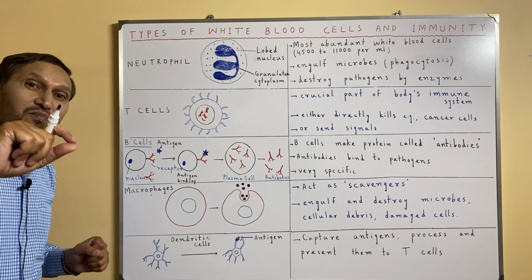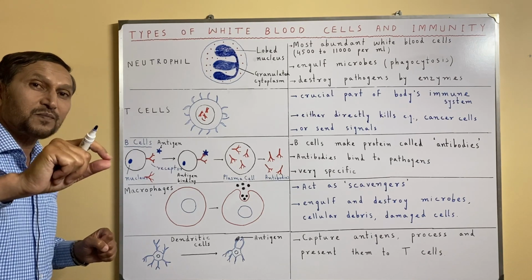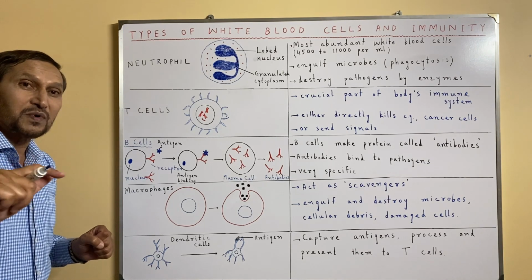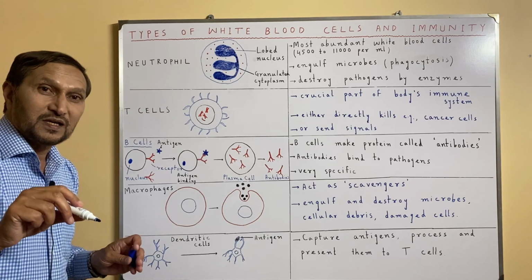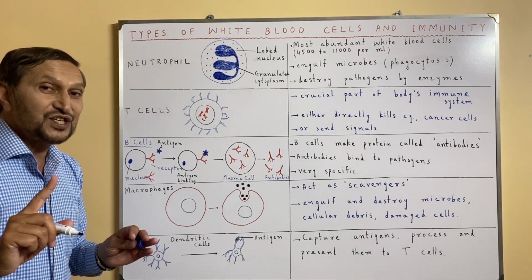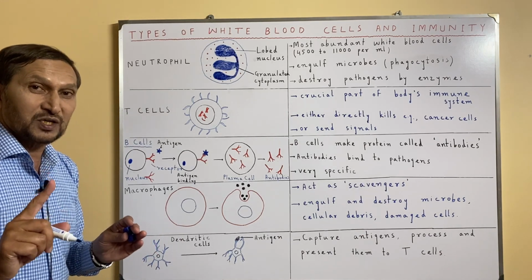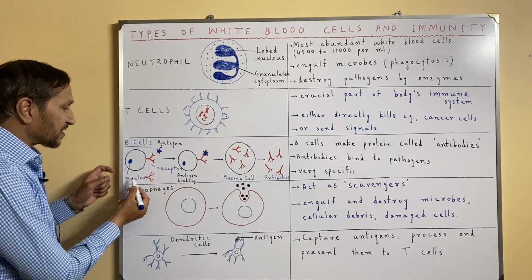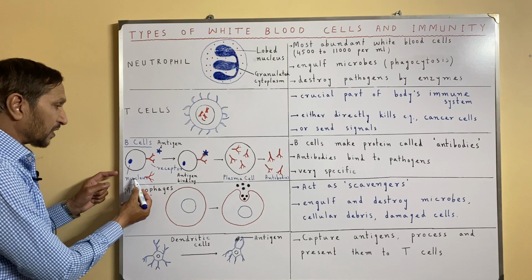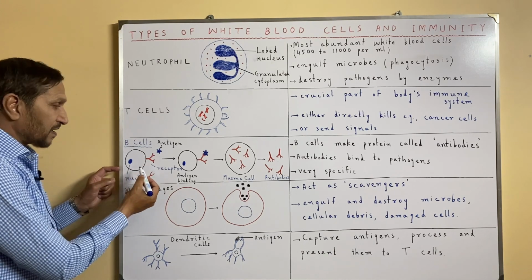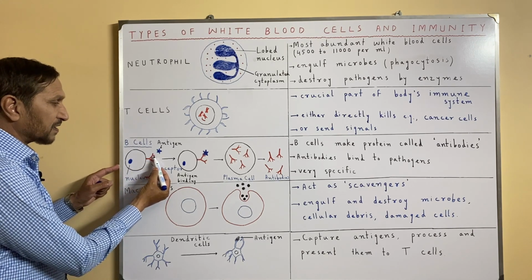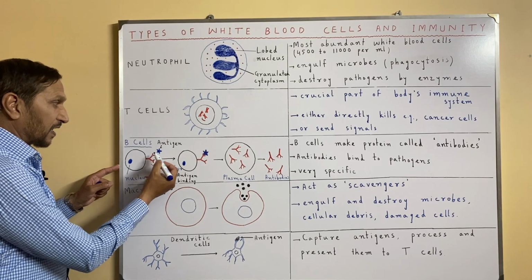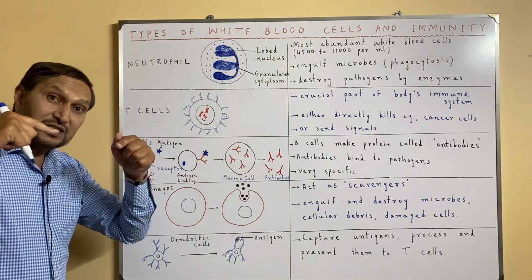Antigen is the foreign body. For example, it can be a pollen, it can be a microbe which enters into the body, and that is unwanted. Antigen is unwanted, it must be controlled, it must be killed. For instance, this particular B cell having this type of receptor, its structure is complementary.